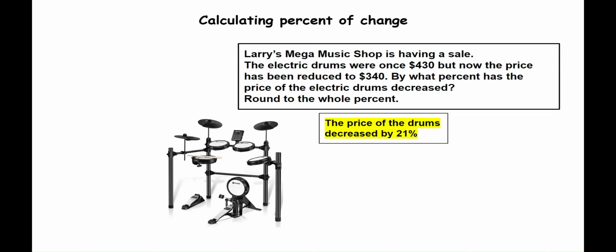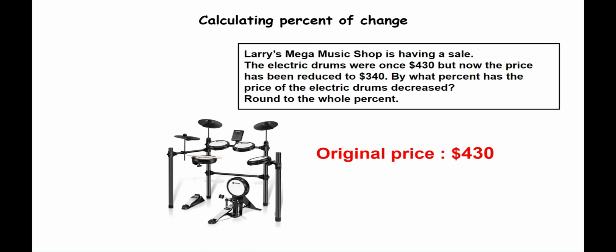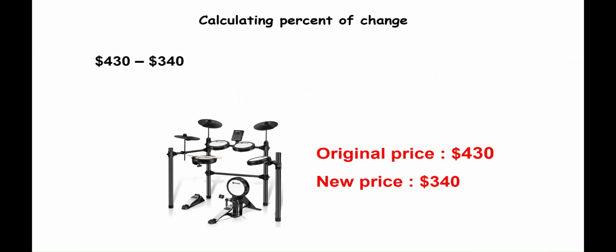So let's see how we were able to calculate 21%. Remember, the first step is to calculate the difference between the original price and the new price. So let's subtract the new price from the original price to get the difference.